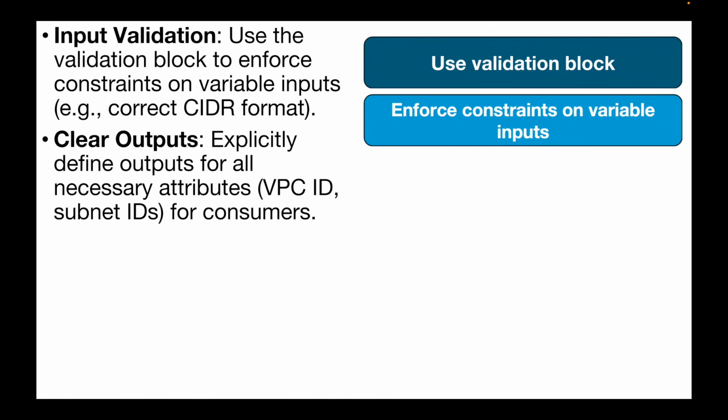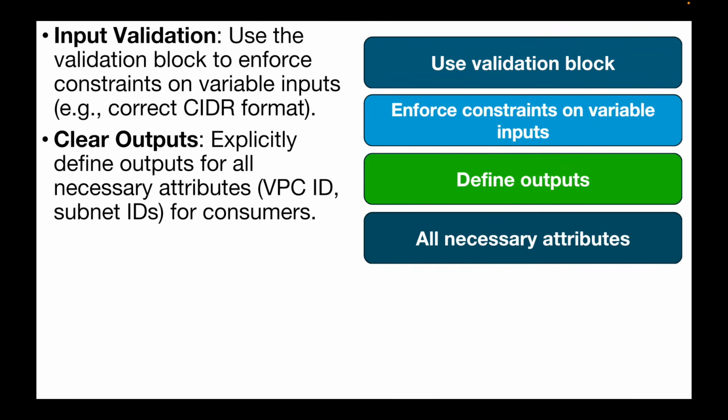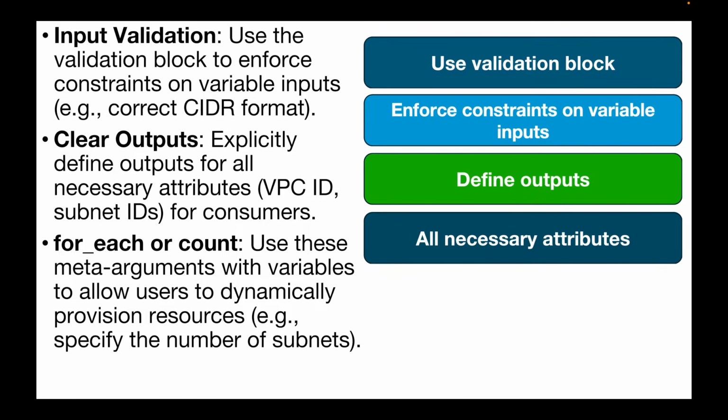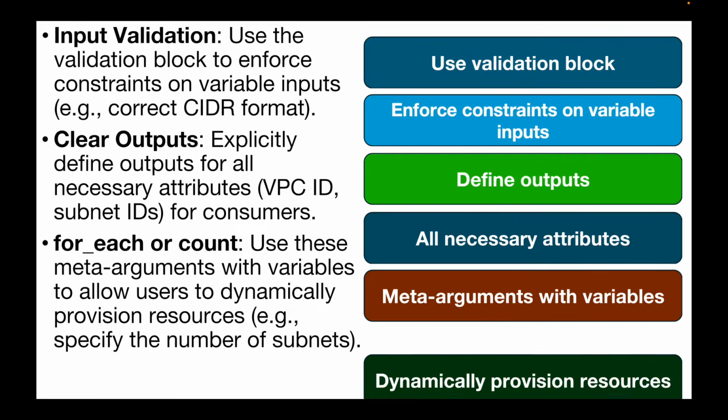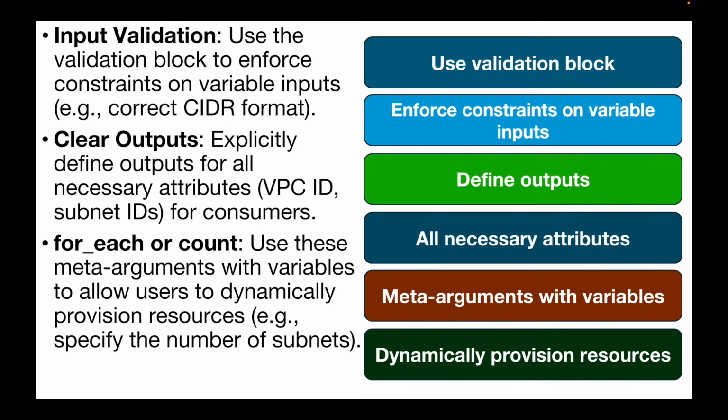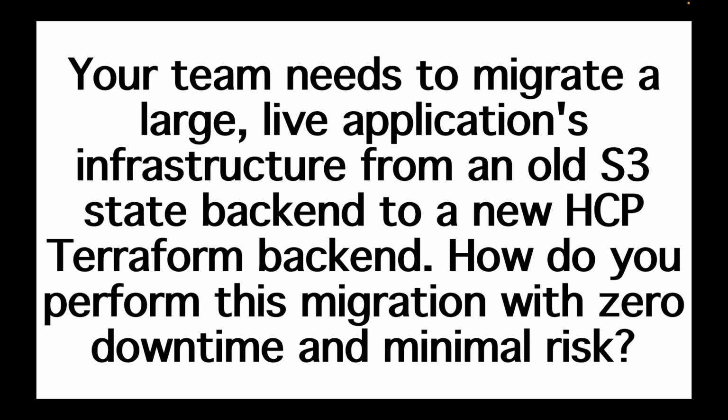Then explicitly define outputs for all the necessary attributes, like your VPC ID and the subnet IDs, that can later be consumed by other modules. And then use for_each or count meta-arguments with variables that allow users to dynamically provision resources. For example, specifying the number of subnets that you want to create, or the rules that you want to add, and all those things.